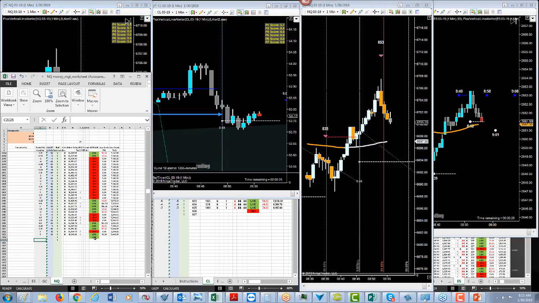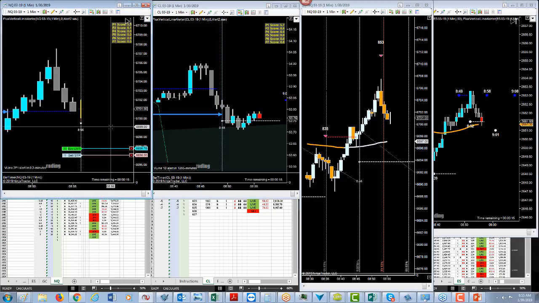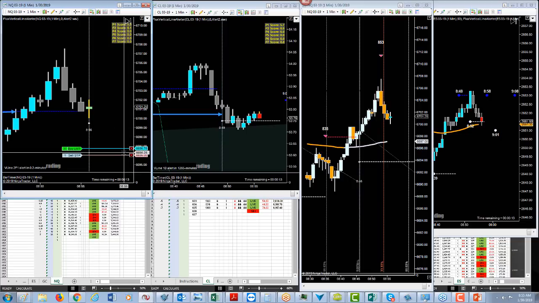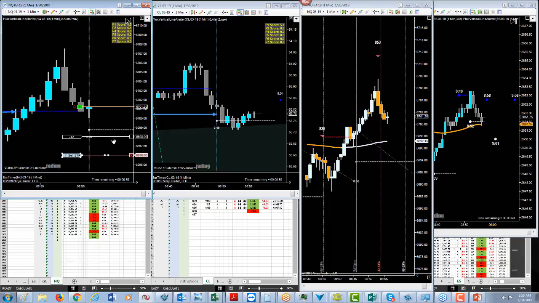The money management spreadsheet is telling me that I should be looking for a long entry here, or I should be looking for an engaged entry versus just tracking it. And in 14 seconds we're going to try to get in there. We have this little countdown timer now. Order filled. Alright.